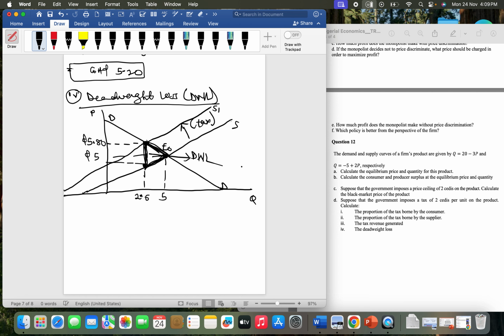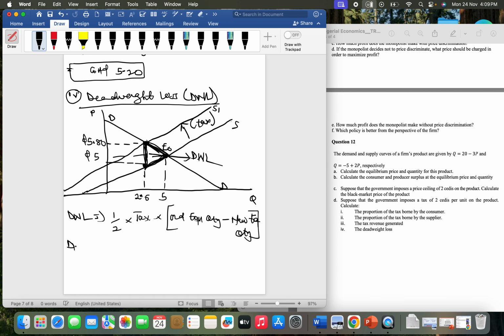For the deadweight loss, there is a simple formula we mostly use, which is half times tax times old equilibrium quantity minus new equilibrium quantity.